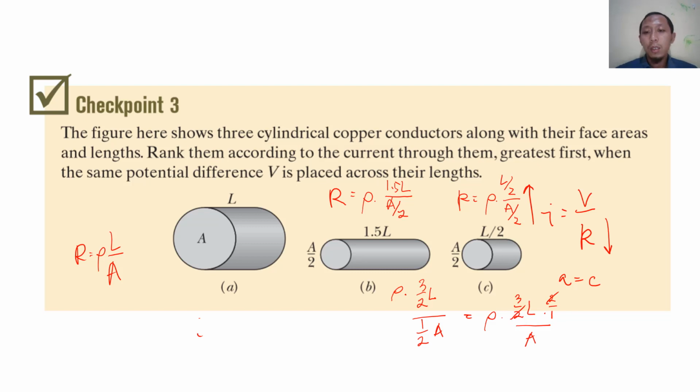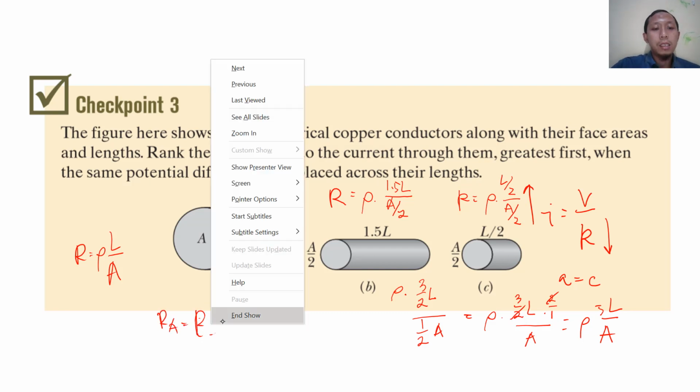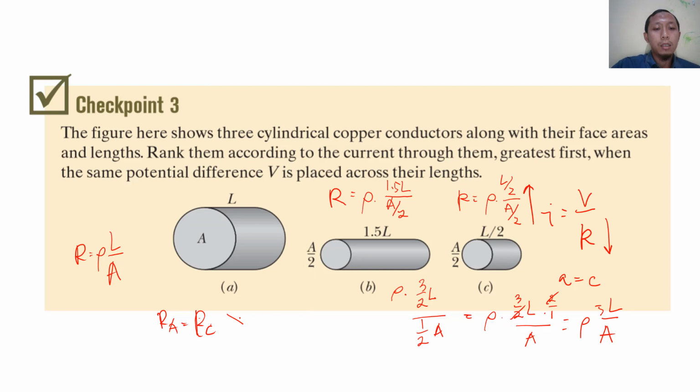So we get ρ 3L per A. So it means that compared to A and C, the resistance of B is the largest. So the current I is the smallest. So the greatest current will flow in A and C, similar, and after that B. So RA is equal to RC, and smaller than RB. Okay.